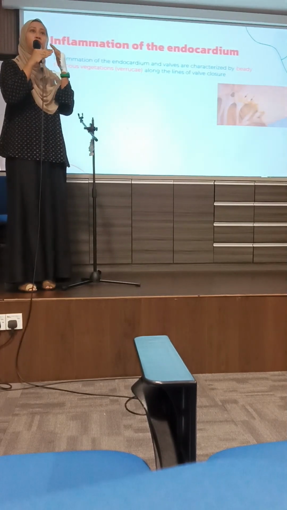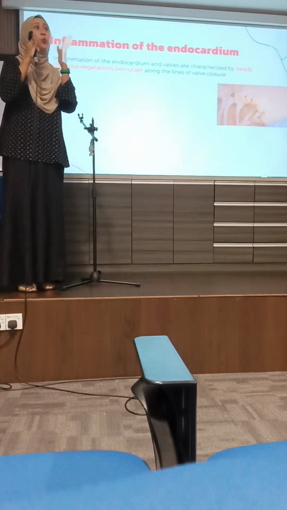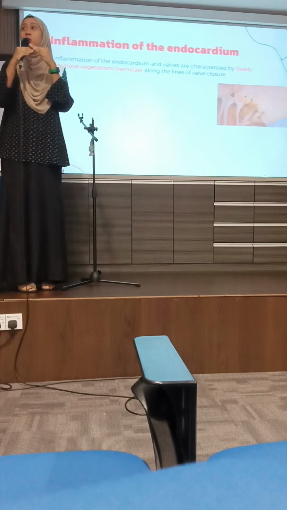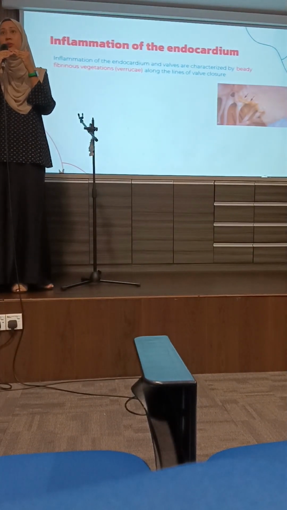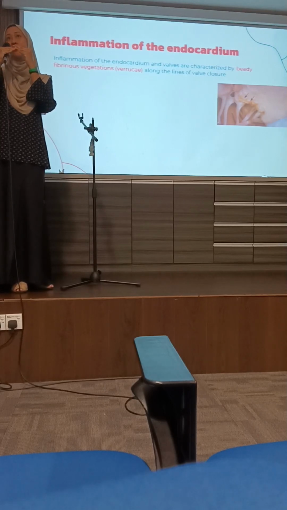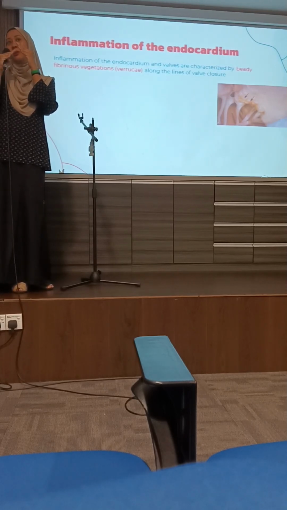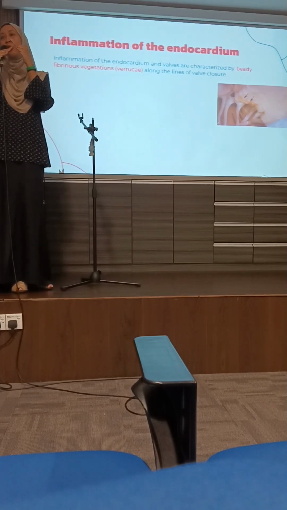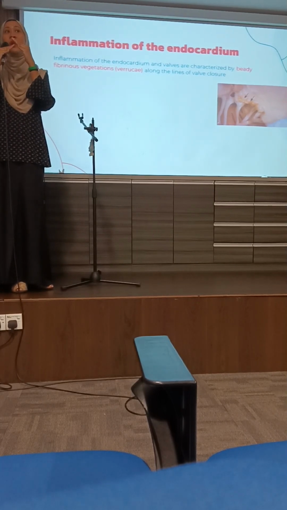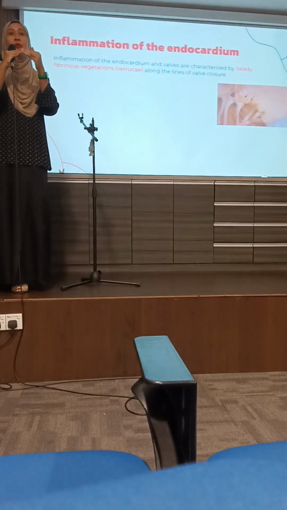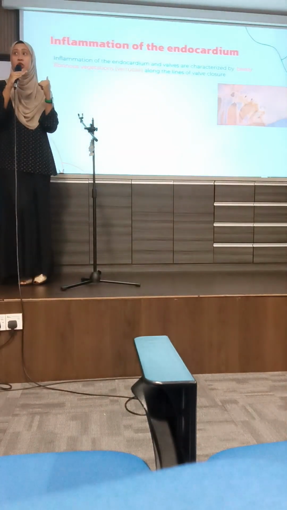And what's the valve supposed to do? Open and close, right? It's supposed to open to allow blood flow, close to stop blood flow. So what do you think if one valve is shortened? Will it stop the blood from flowing? No, right? So blood can flow back. If blood flows back, that's called regurgitation.